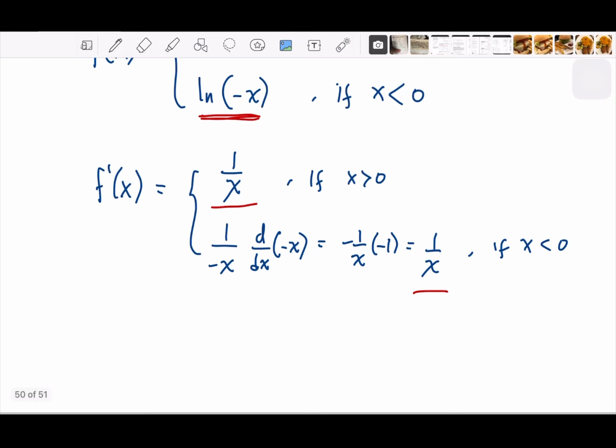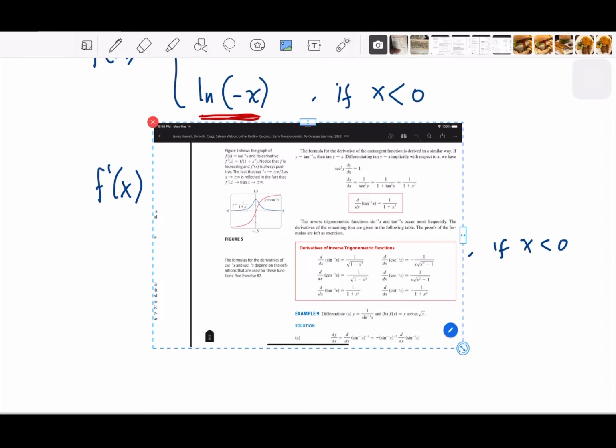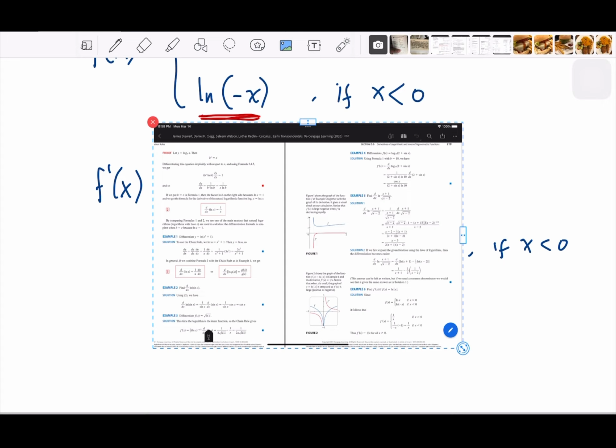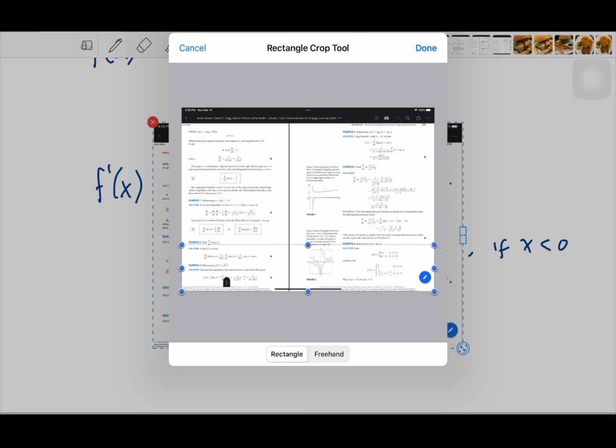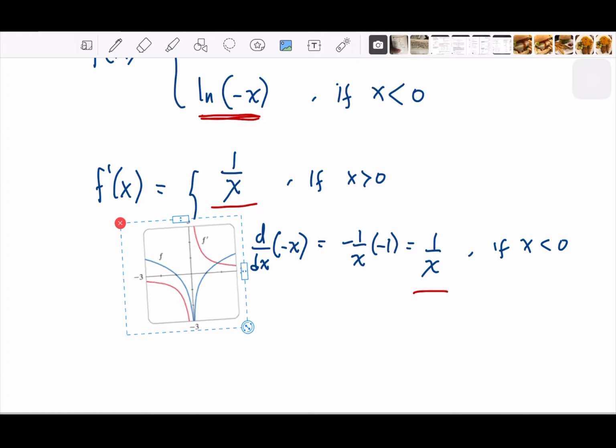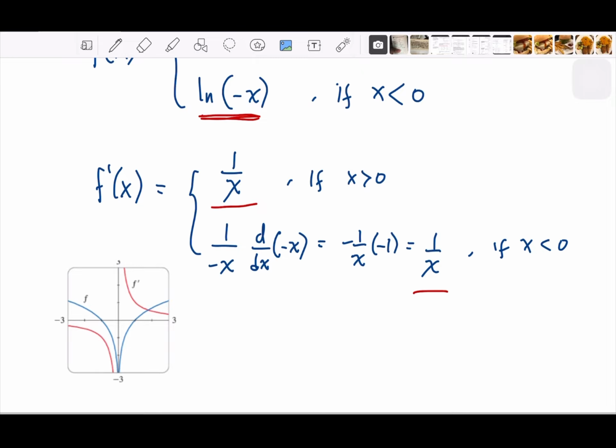Let me put the drawing. This will be the ln, and this will be 1 over x. So this is the ln of the absolute value of x. Okay.